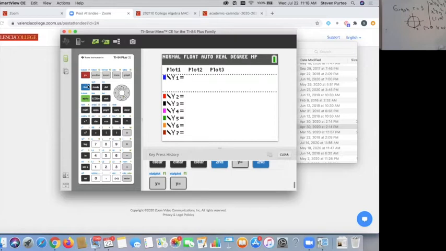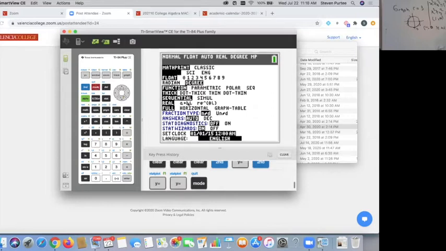Oh, no, okay, I have to go into mode first. So go into mode and tell it right here under function that I'm graphing polar. So highlight polar, then go into y equals.